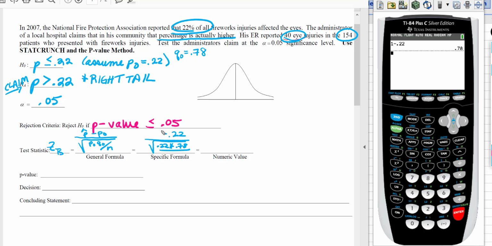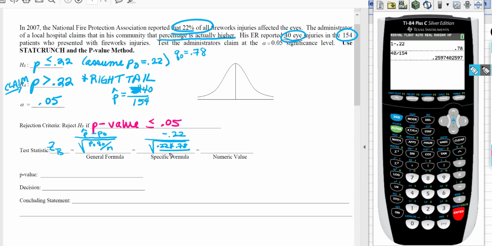So our p hat, our sample proportion, is 40 out of a total of 154. Let's see if that comes out to be a nice decimal on our calculator. 40 divided by 154, and it doesn't, so I'm going to leave it as 40 over 154.